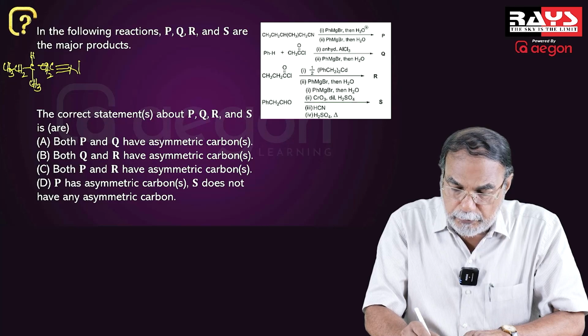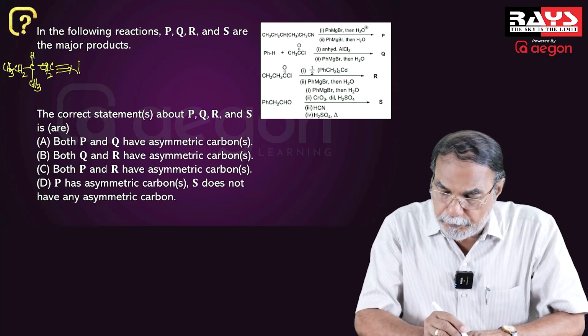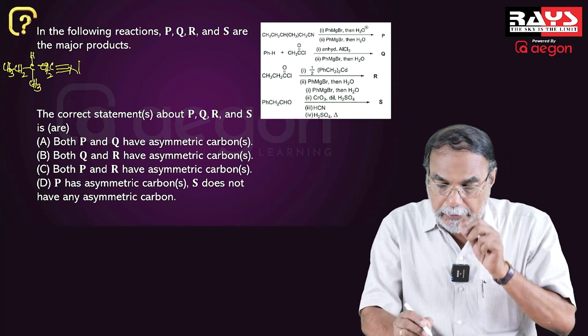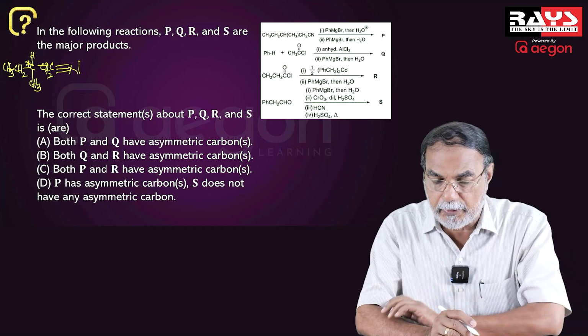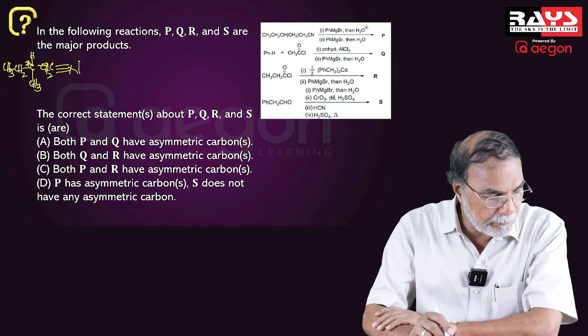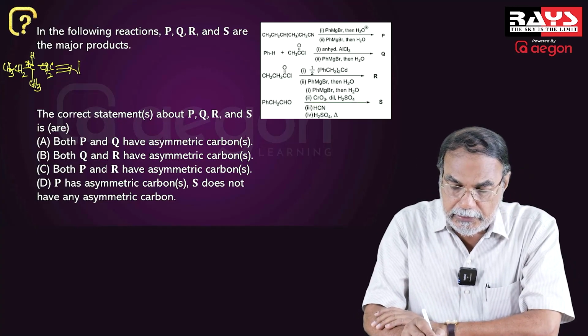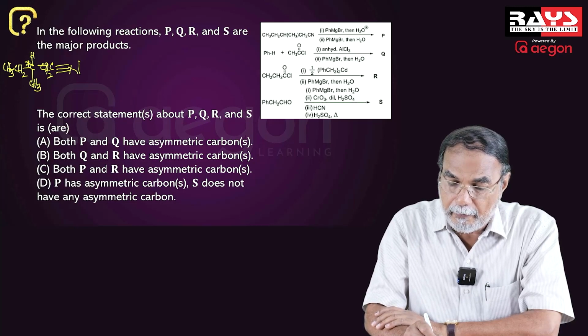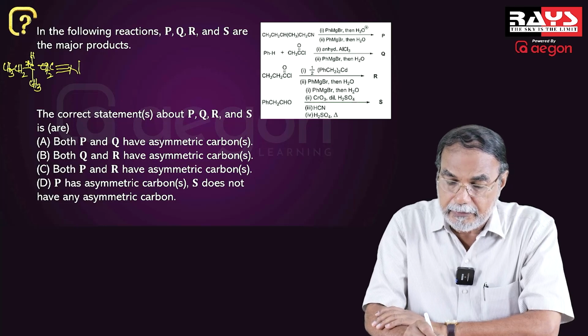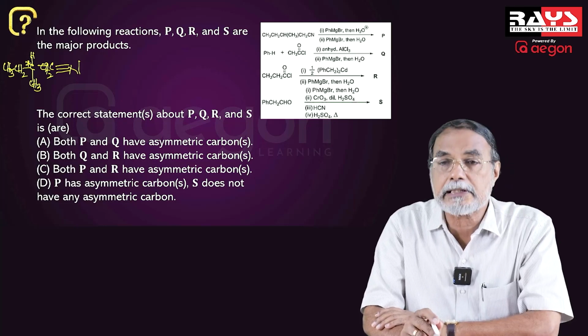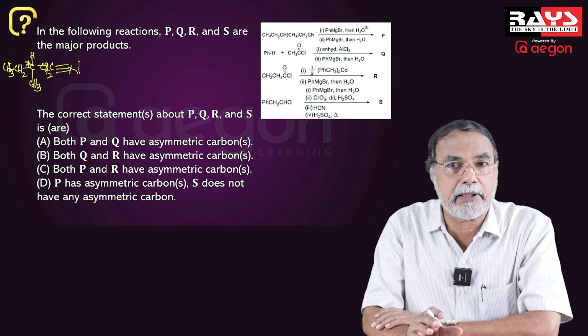So remember that this compound already has a chiral carbon here. An asymmetric carbon atom is already here. CH3, CH2, CH, CH3, CH2, CN. This carbon here, that is 1, 2, 3, third from the right side, this carbon is an asymmetric carbon. It's already an asymmetric carbon.